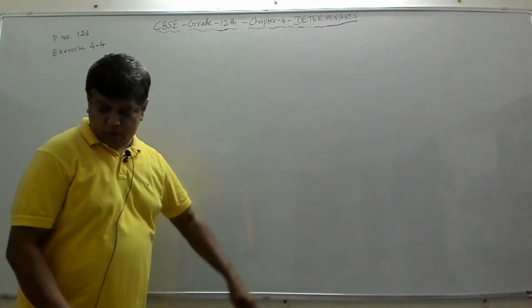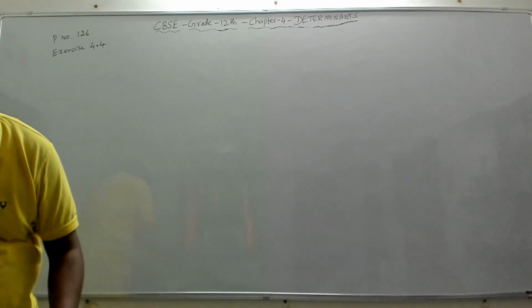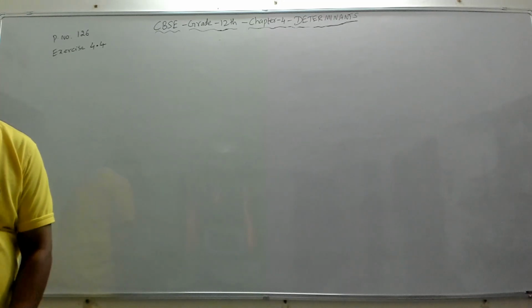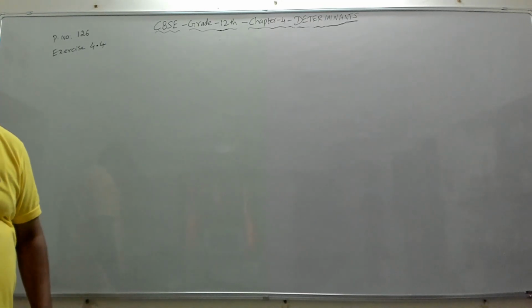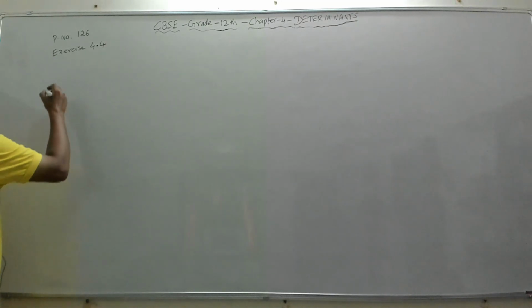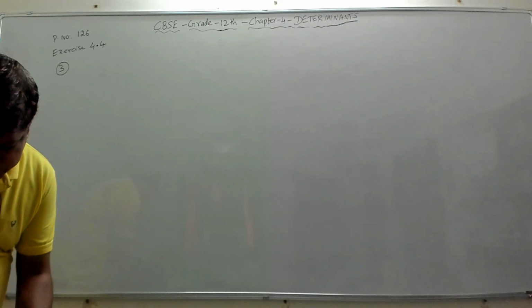Okay. So now let's go to the third problem. So third problem says we have to find the cofactors of elements of second row. Evaluate delta. We have to find the cofactors of the second row and then we have to evaluate the delta. So third question is, I'll write the determinant.